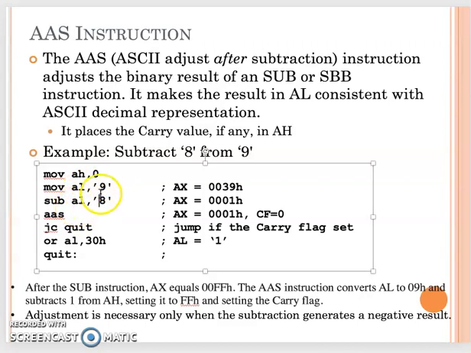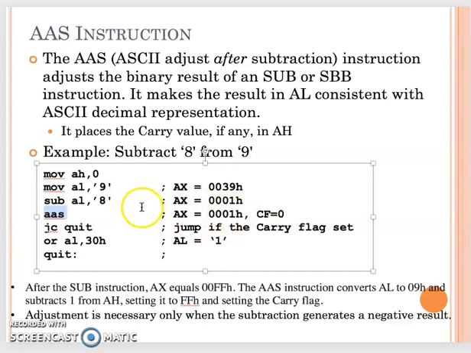So we subtract 8 from 9, but remember, we are using ASCII values. After your result, you will see it is actually 0, 1. Your AAS will adjust this value, because sometimes this value may not be correct.